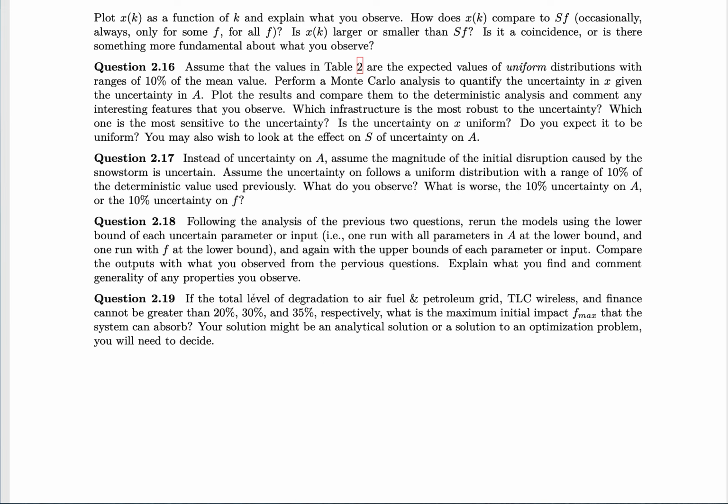The final one's a bit tricky. But basically what I'm asking for is, if I tell you the maximum amount of damage I want to sustain in total to some infrastructure systems, can you find me the largest F that I can sustain without having my total damage exceed these thresholds? There are many ways to do this, some that explicitly use optimization theory, which you have not seen yet, and I will introduce.